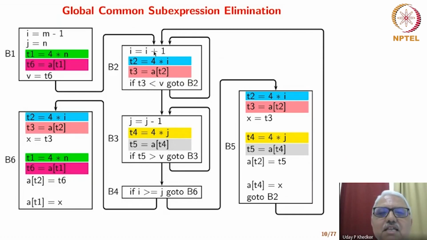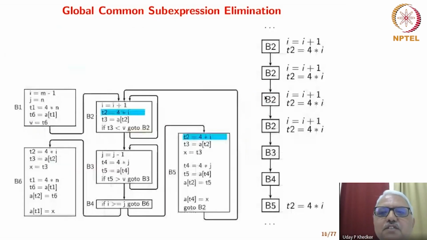So the interesting thing is, when we talk about the value of I not changing between these two occurrences, formally or technically, to be very precise, we are saying that on every path between the last occurrence of this 4 star I and the first occurrence of this 4 star I, the value of I does not change.